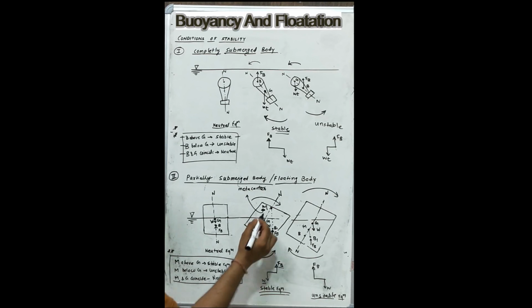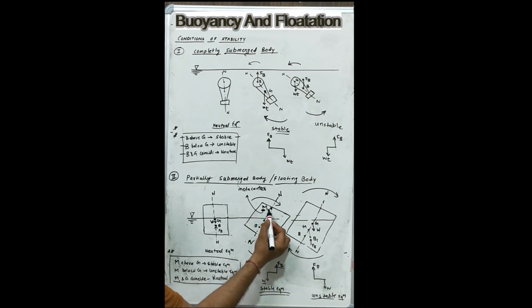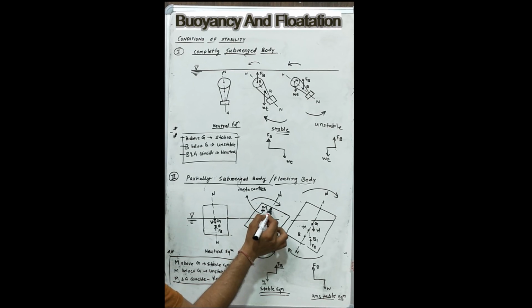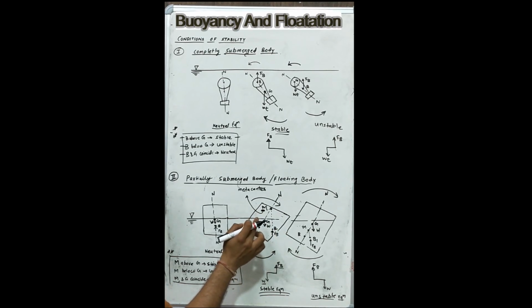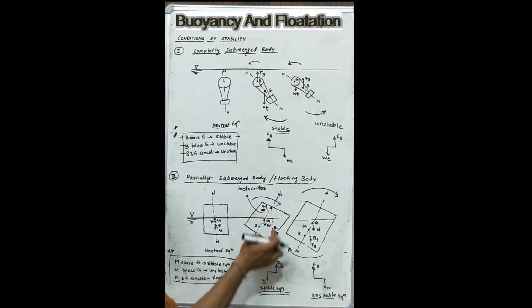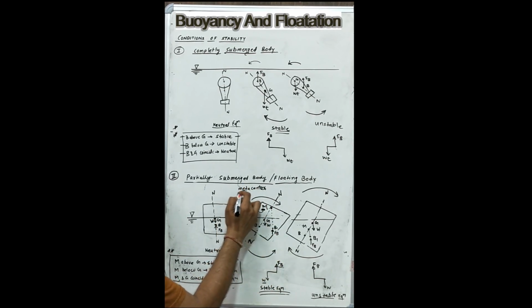So what does it mean? The metacenter is the point where the body tends to oscillate. It is also defined as the intersection of the normal axis of the body with the new line of action of the buoyancy force. You can see over here, this is called the metacenter.